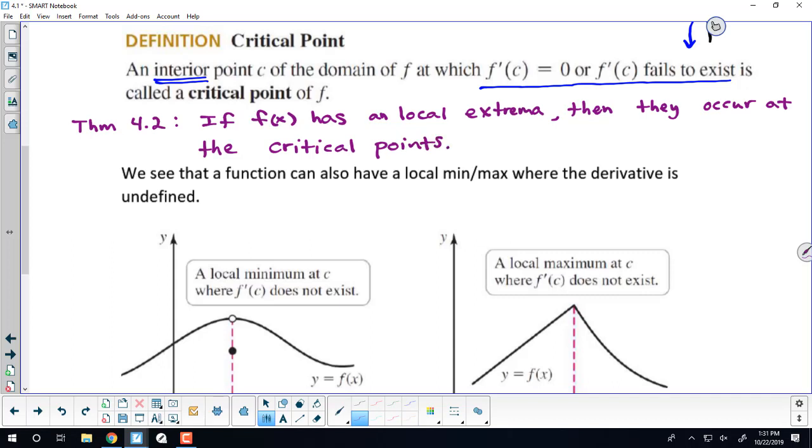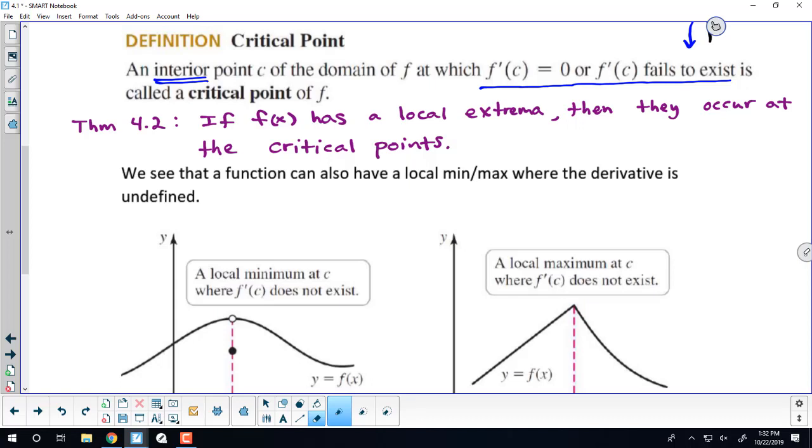Because critical points are just where your derivative is 0 or where the derivative does not exist. So the local extrema are critical points, but critical points might not be extrema. Right. So the local extrema, meaning local min or local maximum, will correspond to a critical point, but not all critical points correspond to local extrema.